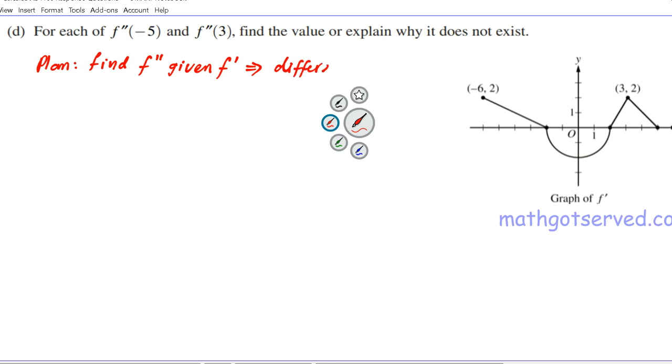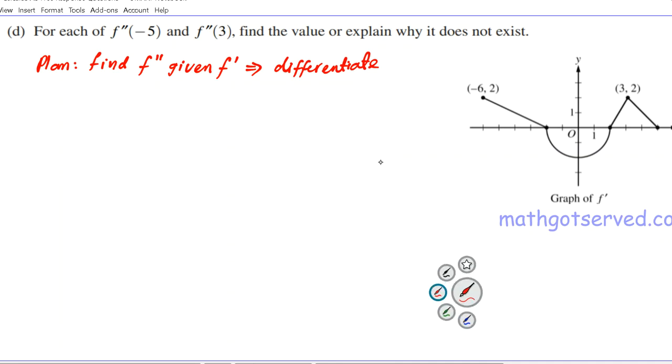And since we are differentiating using a graph, how do we find the derivative using a graph? Let's break it down. If you're looking for the derivative given a graph, it's basically the slope of the tangent line.